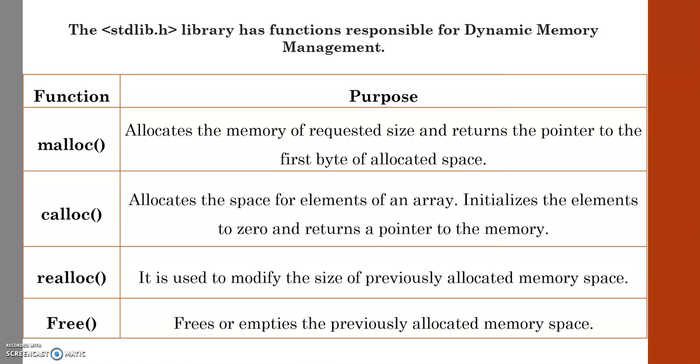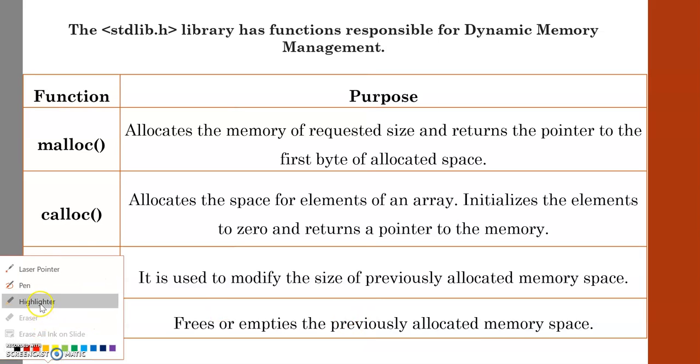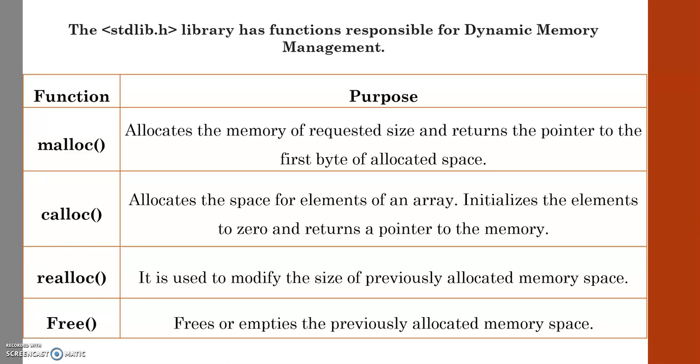So when you say that you are working with the memory, you are working with the memory space. In that case you can increase the memory size, you can allocate the memory size, you can free the memory space, right? So to perform all these things we have certain functions which are responsible for dynamic memory management, and all these functions belong to stdlib.h.